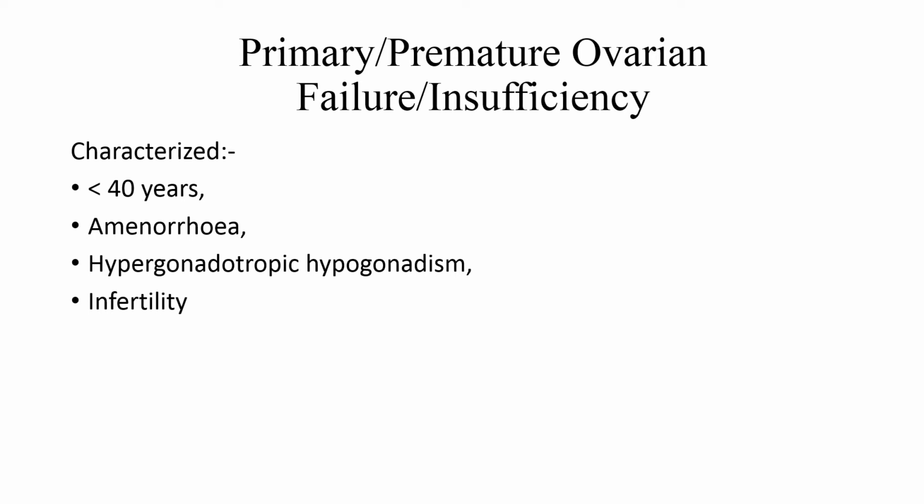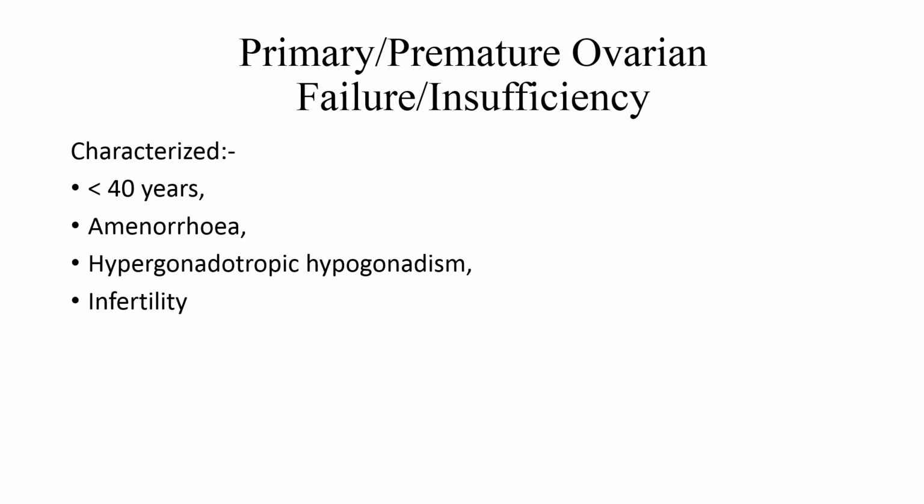And if estrogen is not there, FSH levels would increase, that is called hypergonadotropic, meaning an increase in gonadotropic hormone. So gonadotropic FSH would be increased, that is called hypergonadotropic hypogonadism. And hypogonadism means the insufficiency of the reproductive hormone, and then reproductive functions.